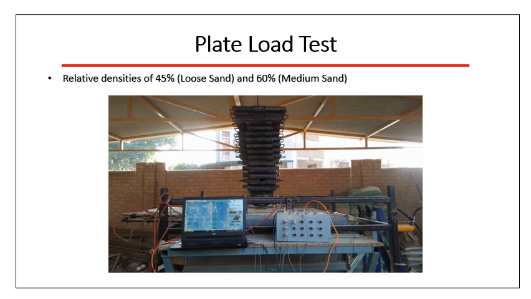For the validation of the sand pluviation technique, a plate load test was selected, which is quite simple and usually used for bearing capacity calculation, but here we will use it for settlement analysis in order to obtain the load settlement curve. The practical testing was conducted at relative densities of 45% and 60%, which were obtained by filling the container through the mobile Pluviator, and the settlement was recorded using an LVDT and data logger.